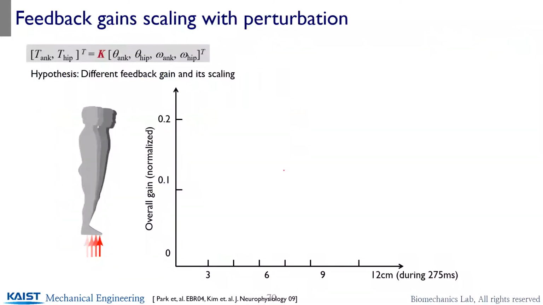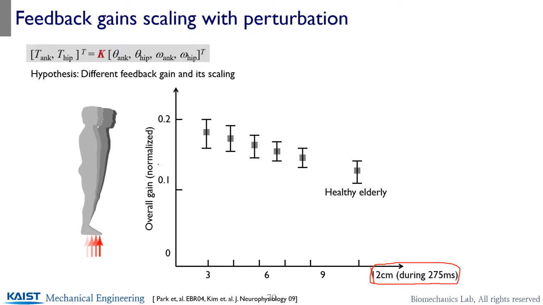By analyzing all the collected data using this gain identification method by forward dynamic simulation, we could examine the gain trends as a function of perturbation. The overall gain norm has been shown to continuously decrease as a function of perturbation.